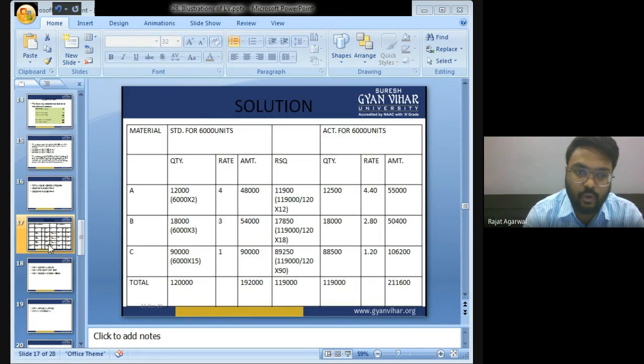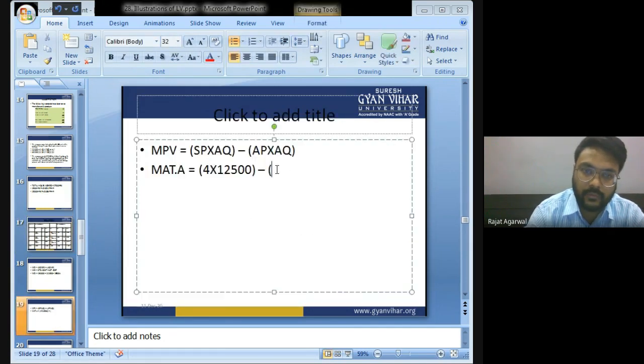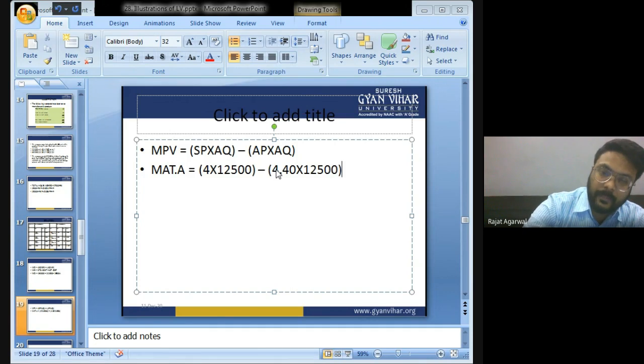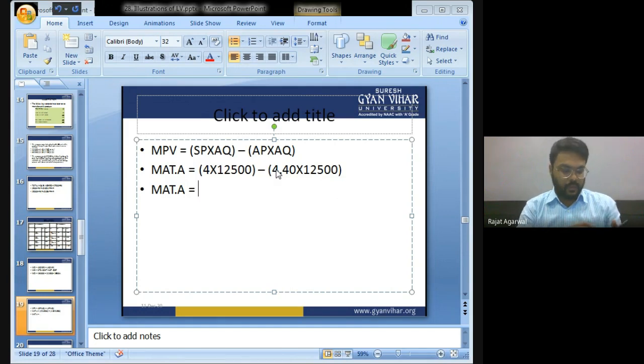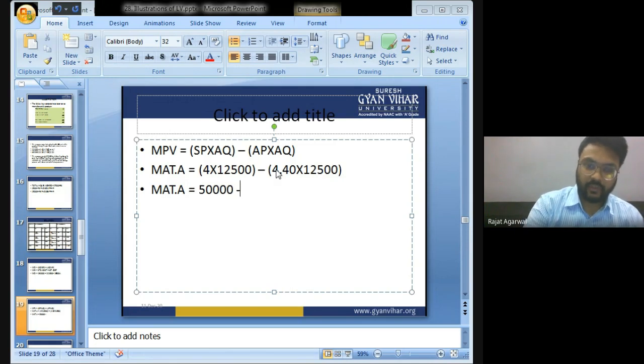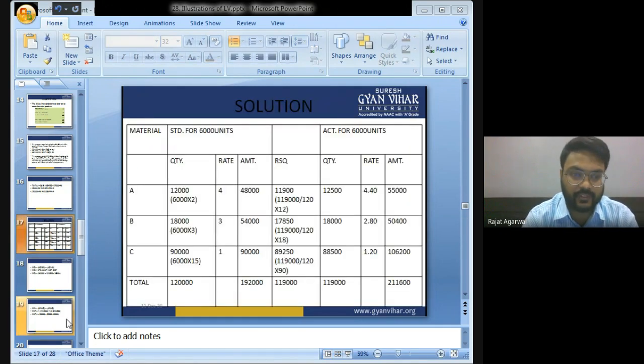Actual price of A is 4.40 into actual quantity 12,500. 12,500 into 4 is 50,000. 12,500 into 4.40 is 55,000. The answer is 5,000 adverse.